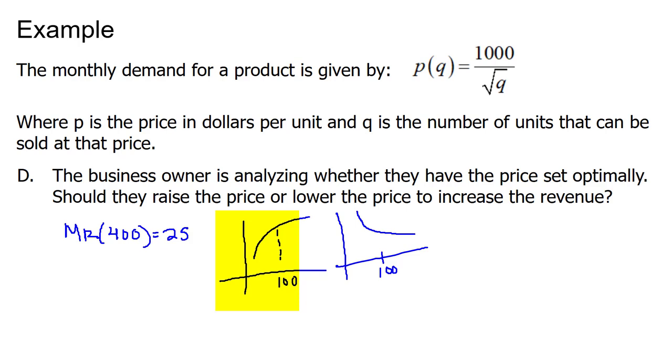So in order to increase the revenue, I need to be heading this way from 400. That means I need to increase our Q because I want to be over here where the revenue is bigger. In order to increase our Q, that means we're increasing the demand. And remember, to increase the demand, the way that happens is we lower the price.